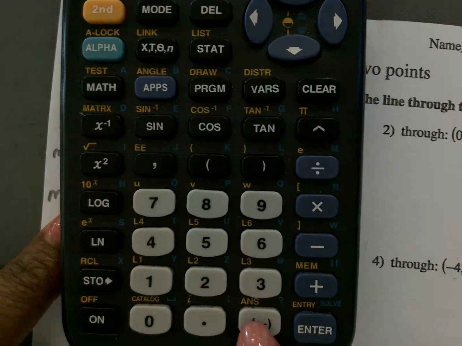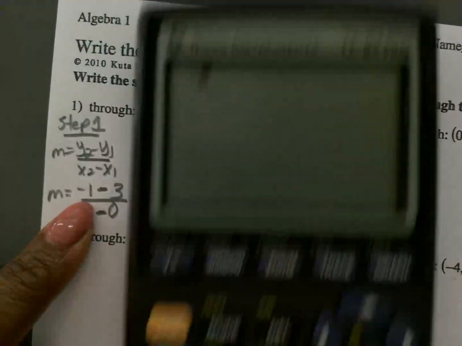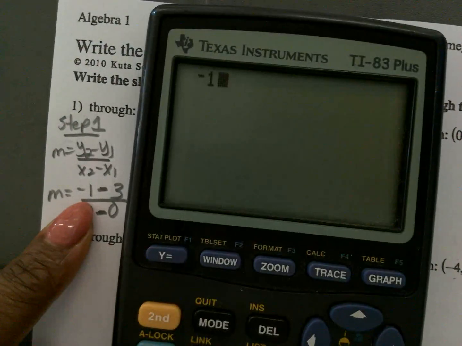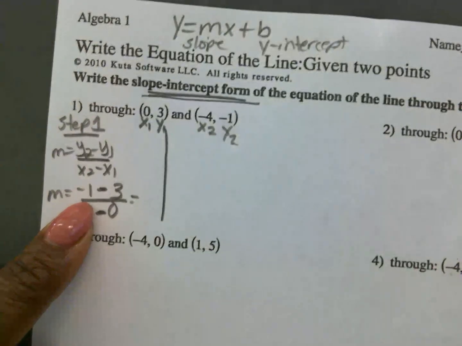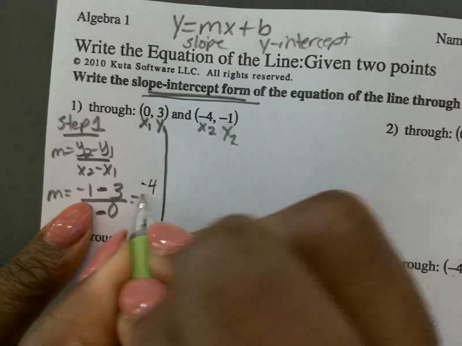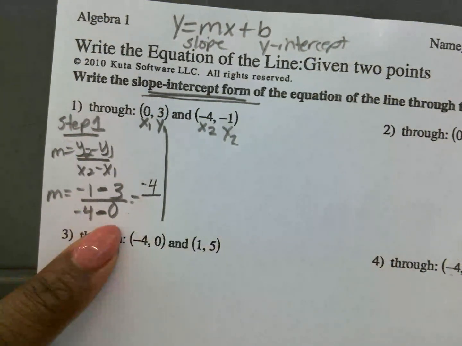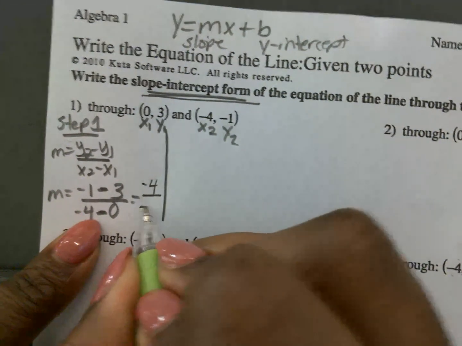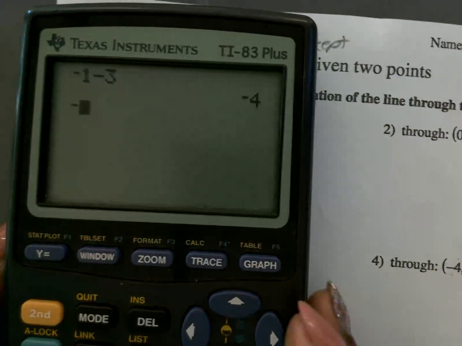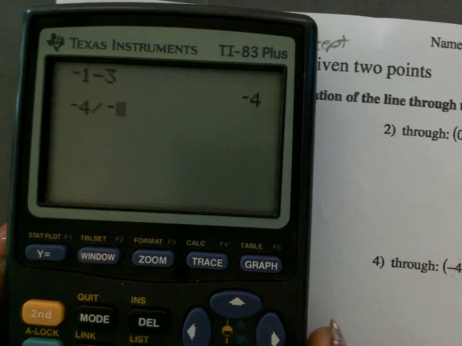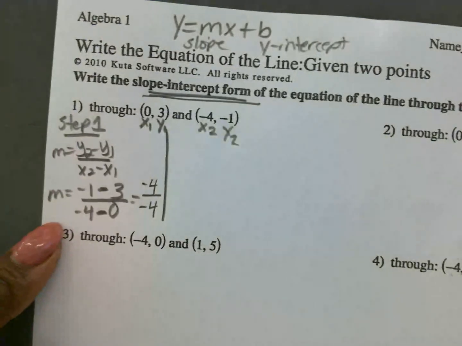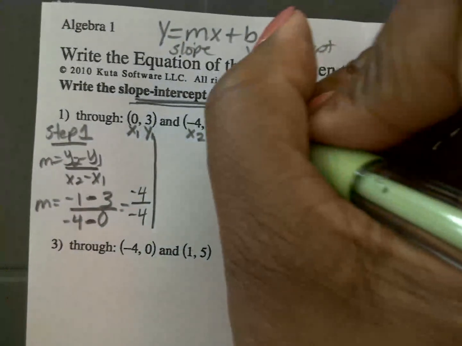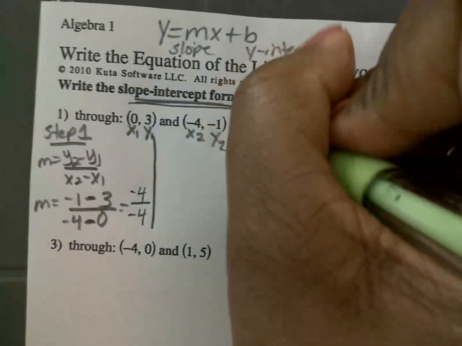Negative is in the calculators. Type in -1, then -3, and that should give you, look, a -4. If you don't remember how to simplify that, and then of course this is -4. So look, reduce that. Don't forget, if you don't know how, you type in -4 divided by -4, math, enter, enter. And that gives you a +1. So m is a +1.